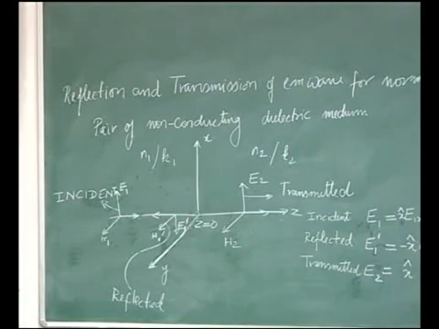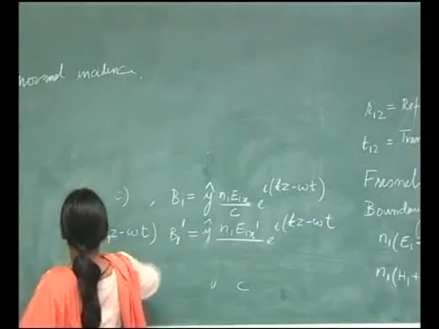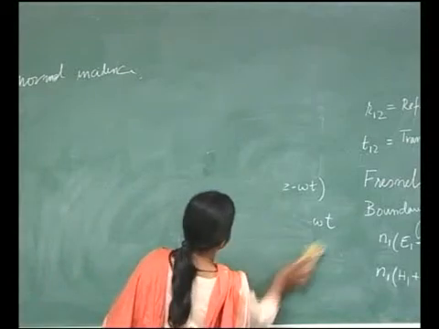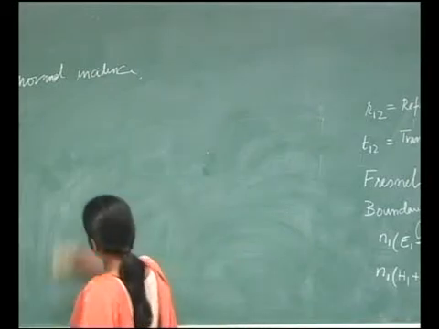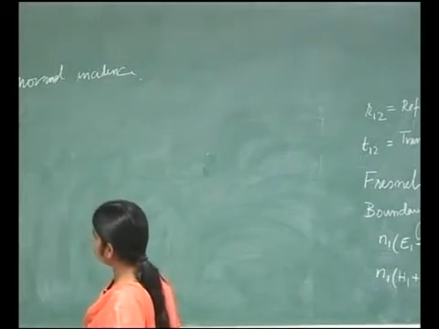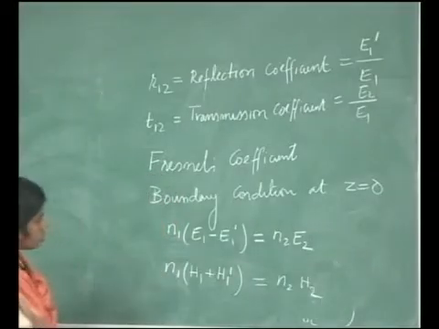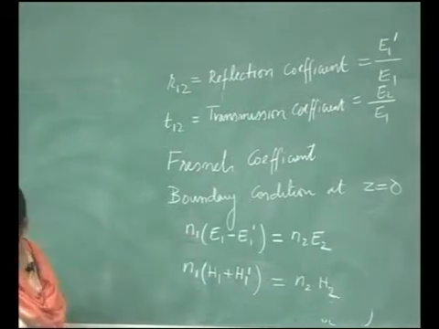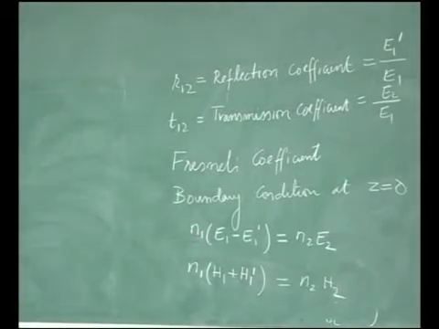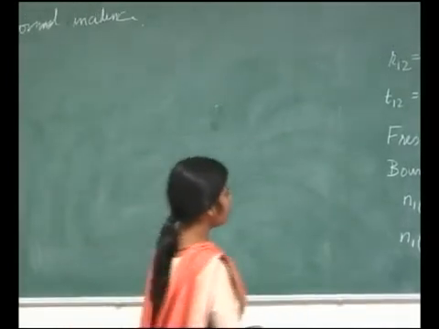So now let us see, let me remove this. If you can just look into your equations that we had written just now, at Z is equal to 0, what would be the equations? At Z is equal to 0, for the electric field, what would be the equation?